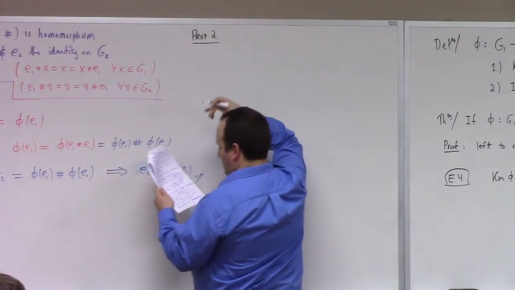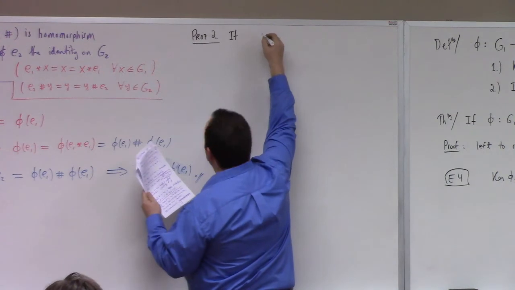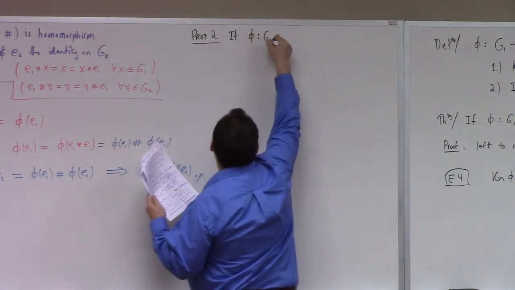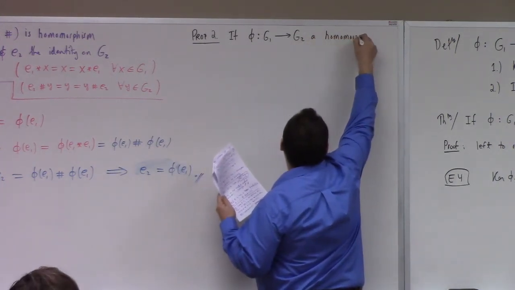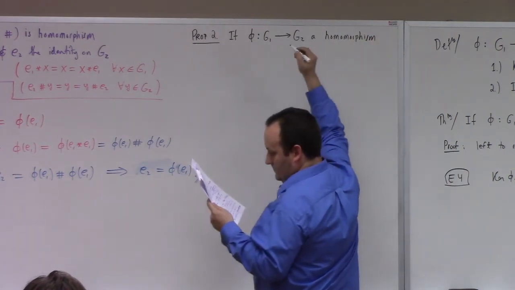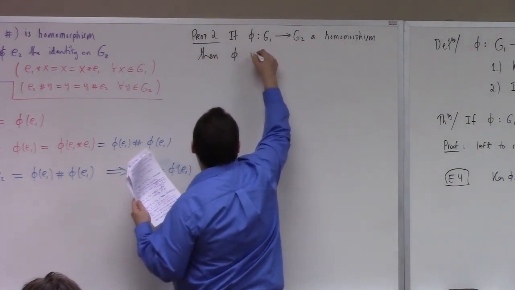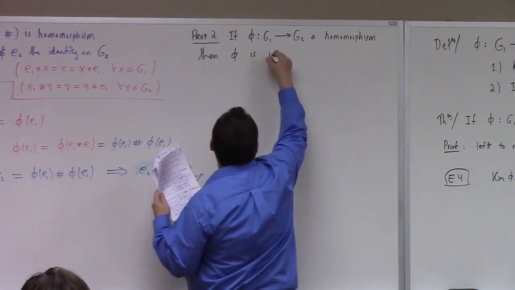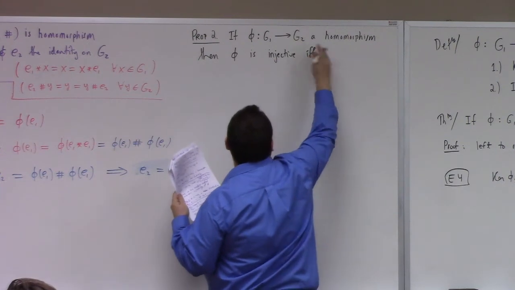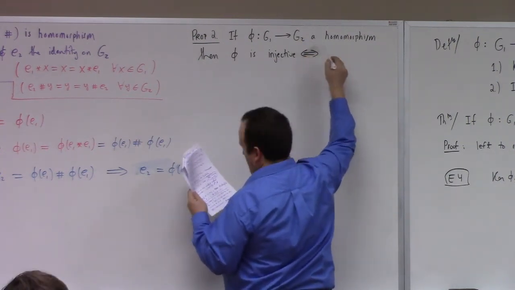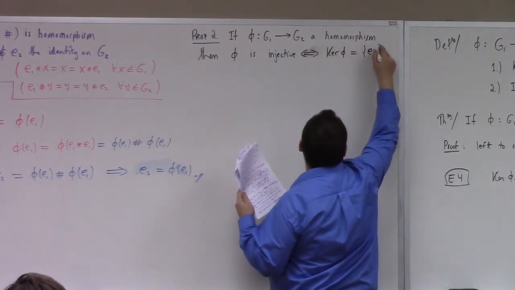Proposition 2 is the following. If we have a homomorphism phi from G1 to G2, then phi is one to one, let me say injective, if and only if the kernel of phi is equal to the set containing the identity.